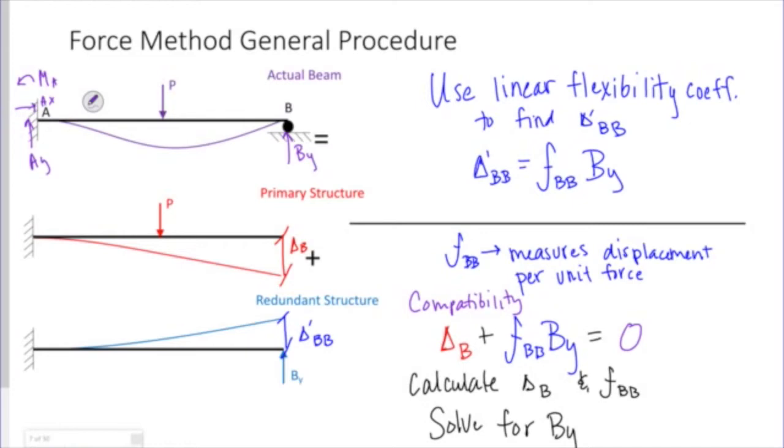Now, if I know BY, I'm only down to 3 unknowns, and I have 3 equations, 3 unknowns. So we pick a redundant force to draw a redundant structure, solve for that force, and then put that back into the actual beam to solve for the rest of the unknown reaction forces. That's the basic premise of the force or flexibility method.